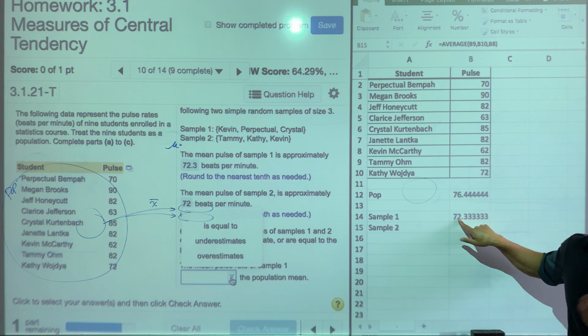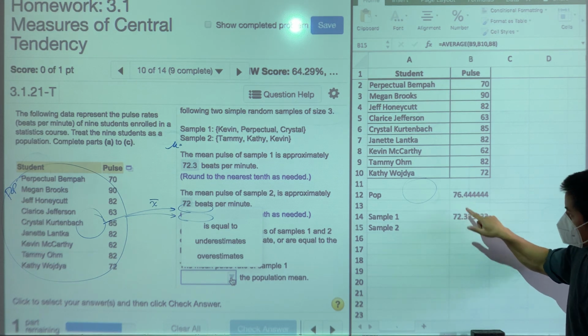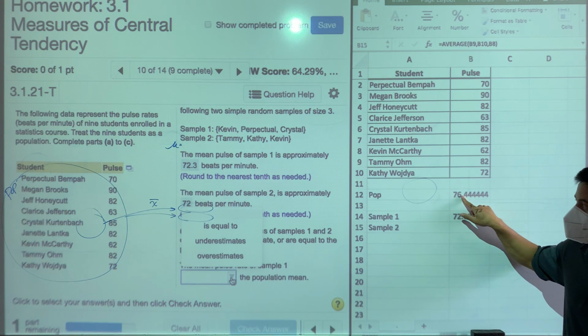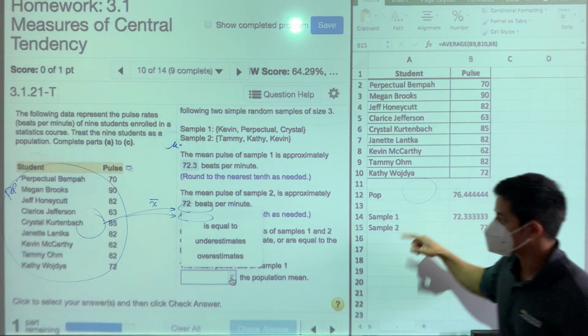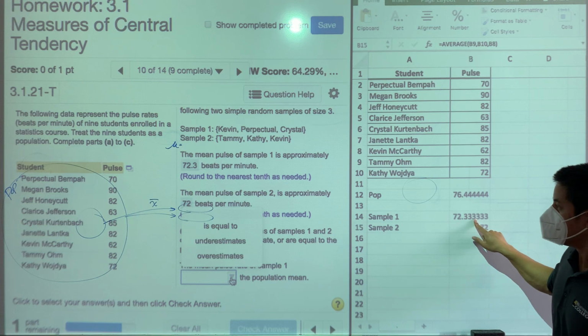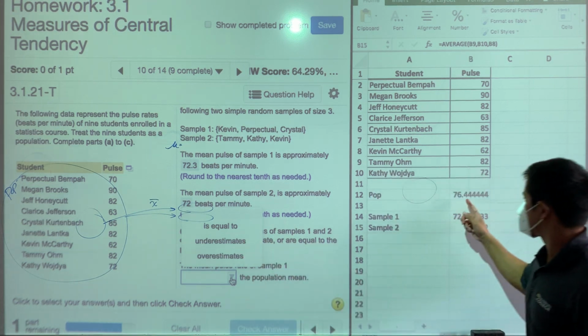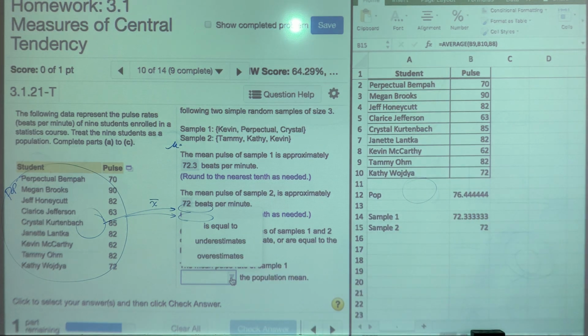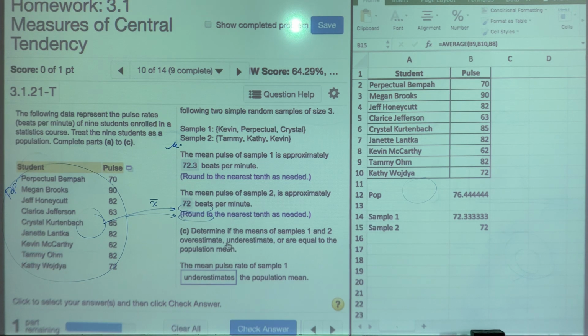Well, mine, yours might be different, is under that population mean. Do you guys see that? So for mine, I would say that the sample 1 mean underestimates the mean. Now, if your sample 1 mean happens to be over that or equal to it, you would answer it accordingly.